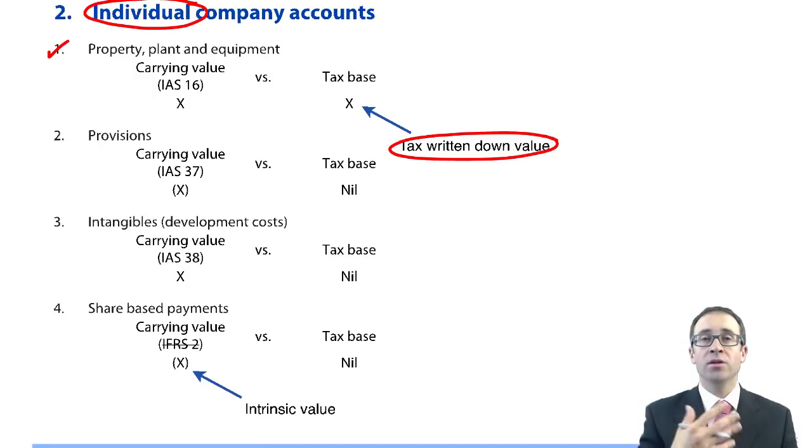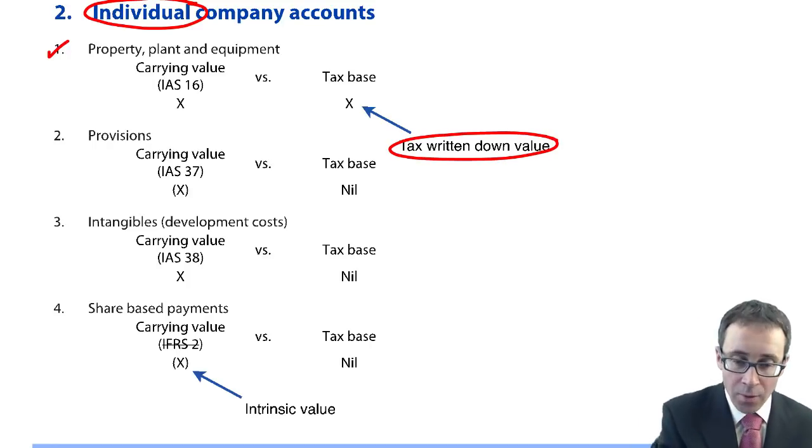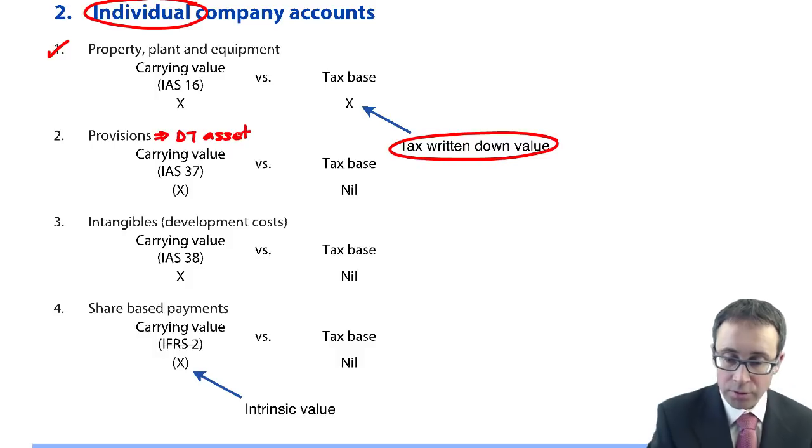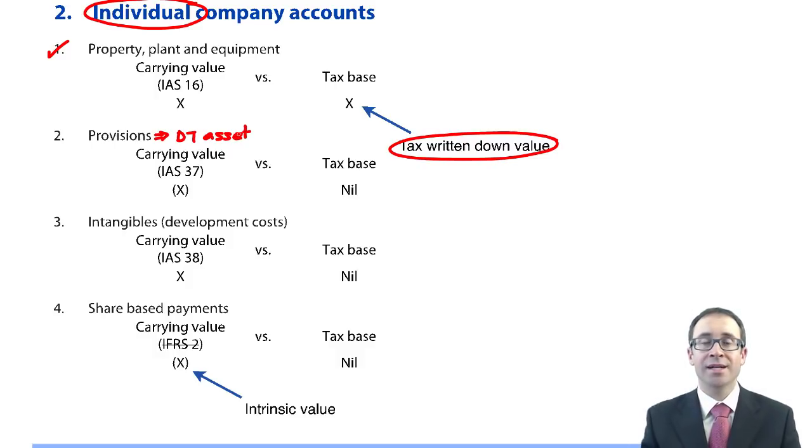Okay. The carrying value, we know what that is, and that will allow us a deduction in the future. So if we're looking at a deduction in the future, we are going to save tax in the future. So therefore we're looking at a deferred tax asset. So when you have provisions, they will give rise to a deferred tax asset. And following our rules, we will generate a deferred tax asset if the carrying value is less than the tax base.